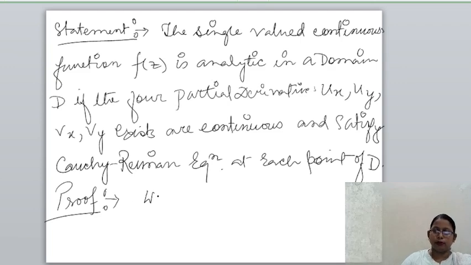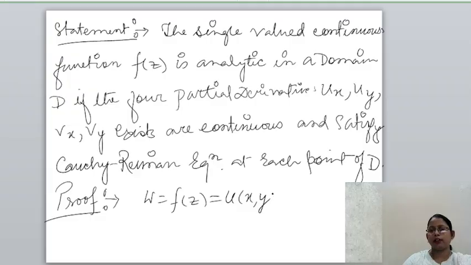Given w equal to f(z), and f(z) is u(x, y) plus i v(x, y). U is the function of x and y.